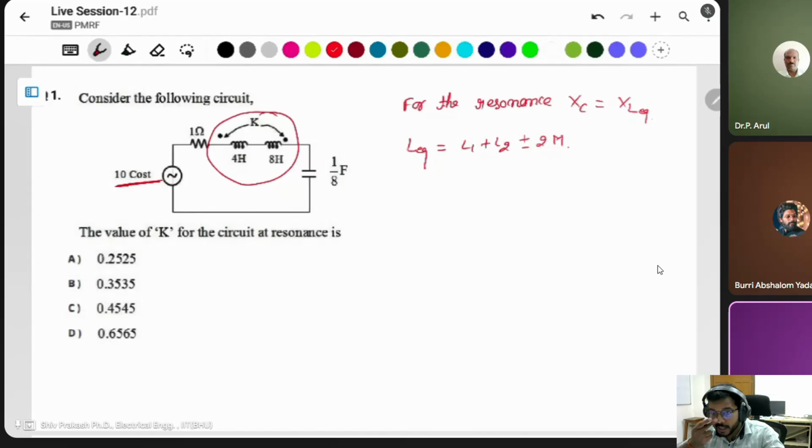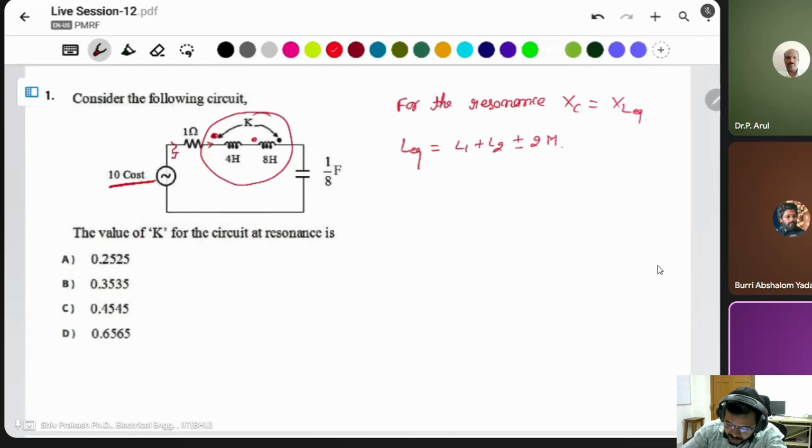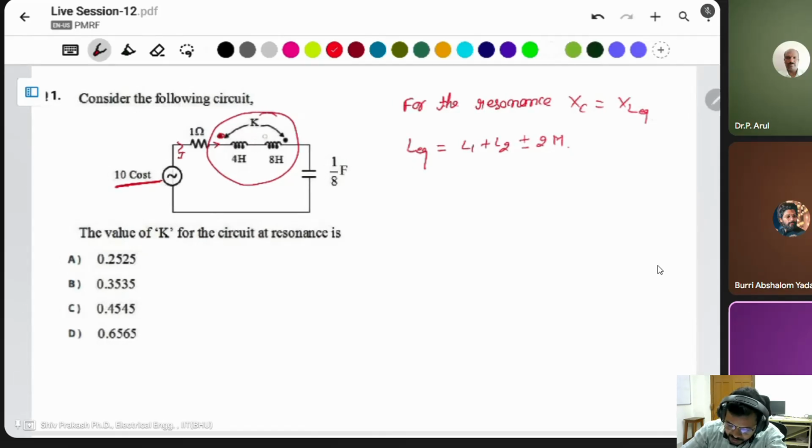If the two inductors are connected in additive polarity, it means the current enters at the same dot position in both, and then it will be plus 2M.